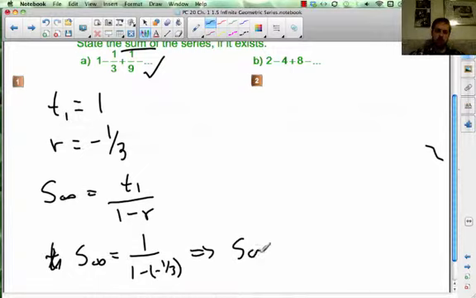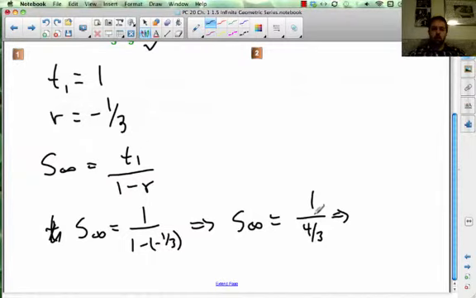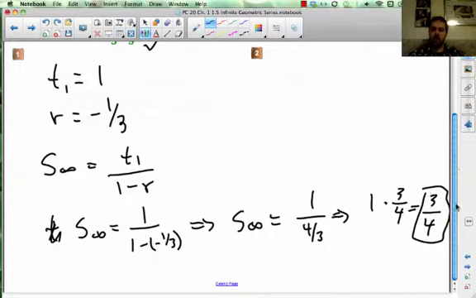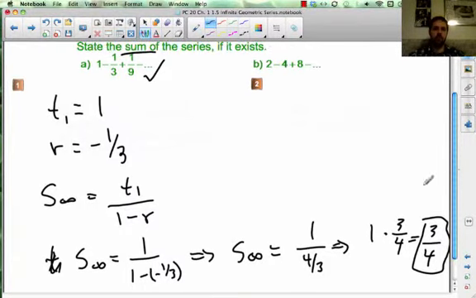So S sub infinite is 1 divided by 1 plus 1/3. So 3/3 plus 1/3, which is 4/3. So we get 1 divided by 4/3, which when you divide by a fraction, you multiply by its reciprocal, and the answer is 3/4. So that is the sum of that infinite series.